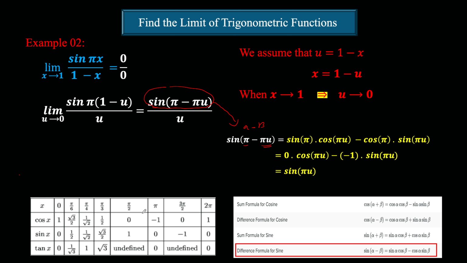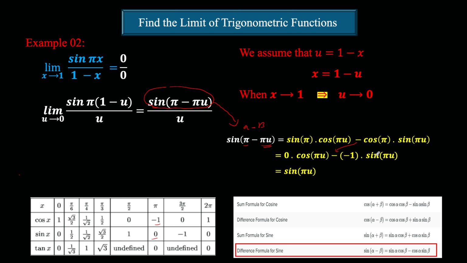So sine p here is 0, right? So we substitute it by 0, multiplied by cosine pu, we don't touch it, minus, we have it from the rule, and cosine of p is minus 1.